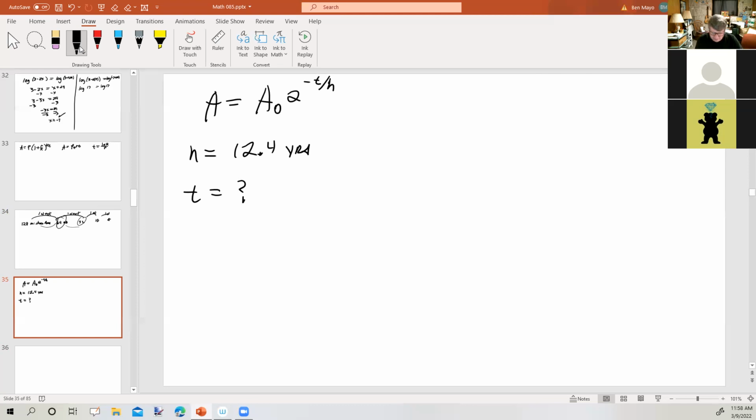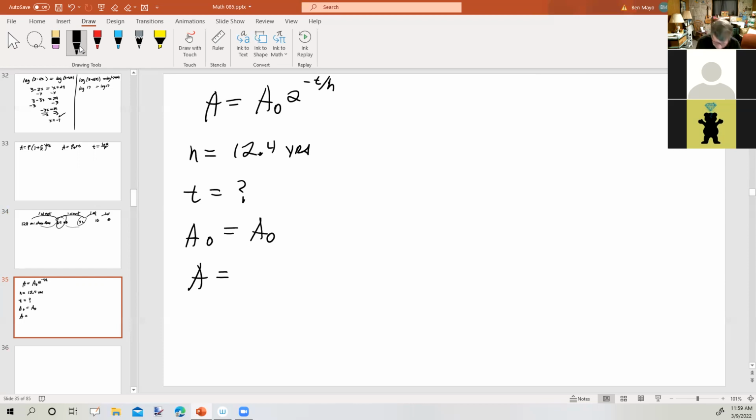All right, now they don't tell us the beginning amount. So the beginning amount is A sub 0 or A naught, okay? The ending amount, well, let's see. If 25% is going to decompose, how much do we have left? We have 75%.